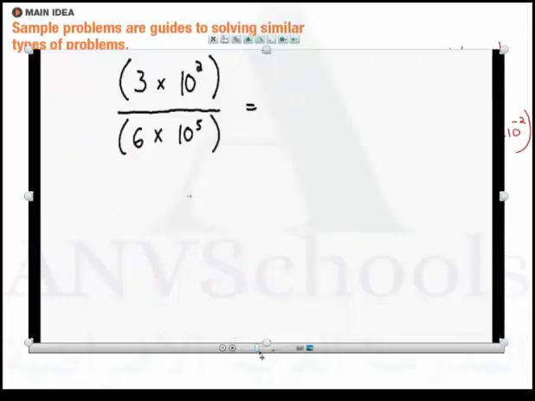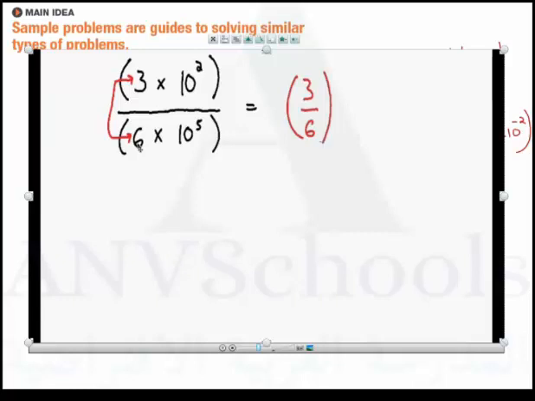So let's see how we divide. For division, you take 3 times 10 to the power of 5. In multiplication, we were multiplying the constants. In division, we have to divide the constants, 3 and 6. So that is what we will do first. Divide by 6.